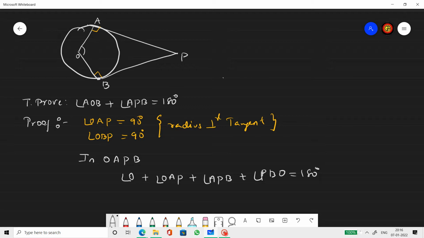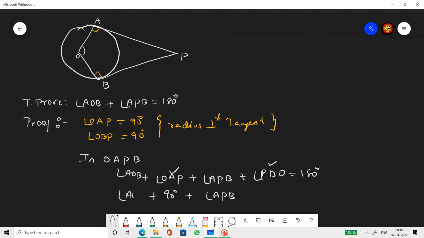So then substitute 90. So angle OAP plus PBO, or OPB, is one and the same. So these two together is 180 degrees. Change it to AOB, then it will be perfect, what we need to get.